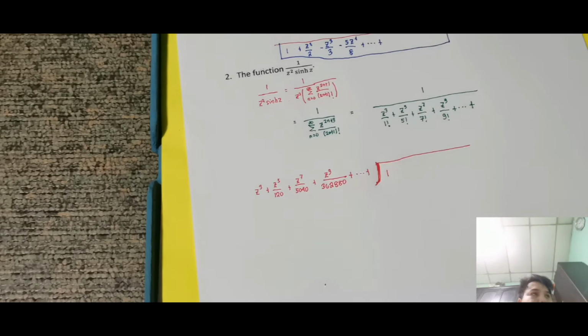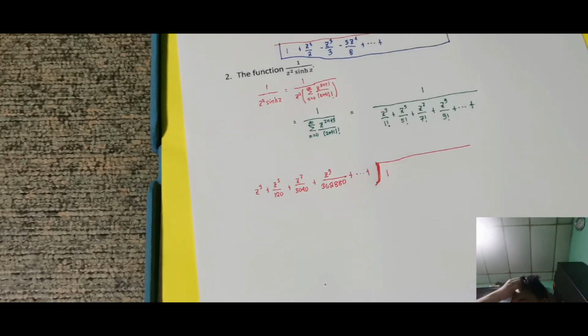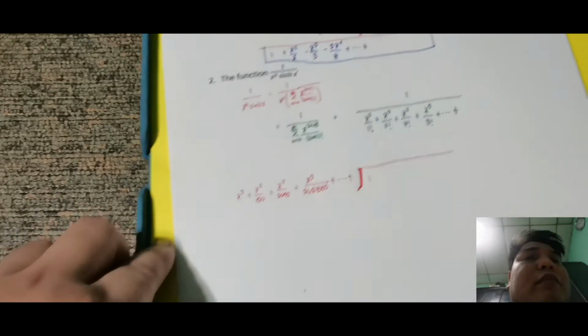So start na tayo. So paano ba yung result na ito pag dinivide natin? Check natin kung tama yung nakuha mo, by the way. Okay, so tama naman. Okay, so check natin.